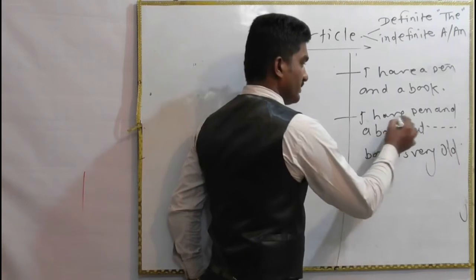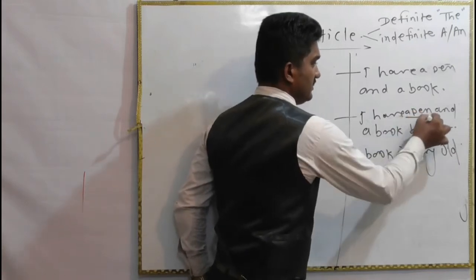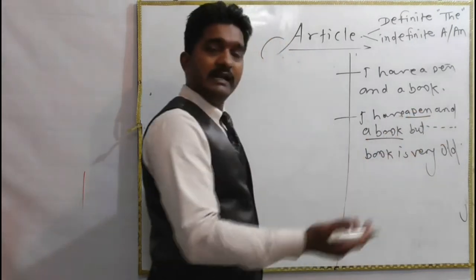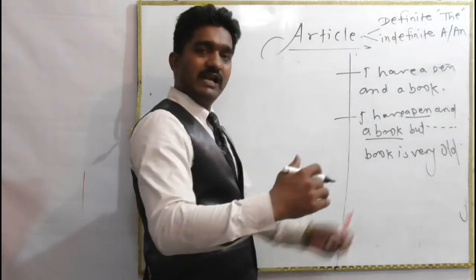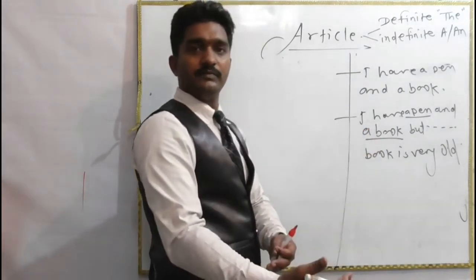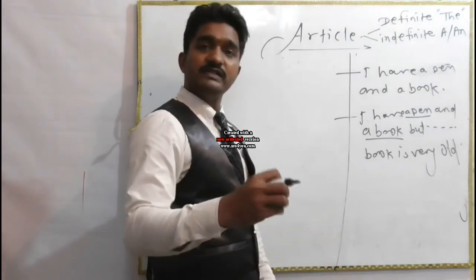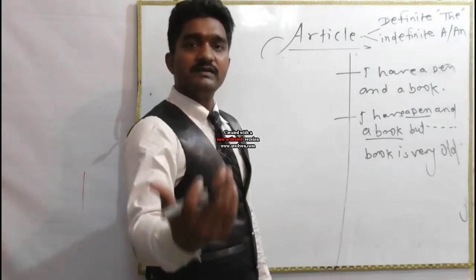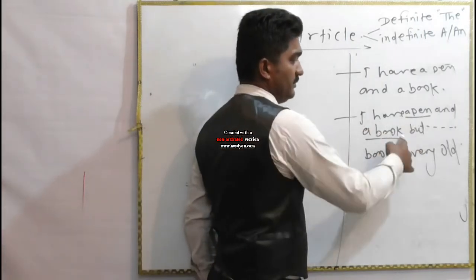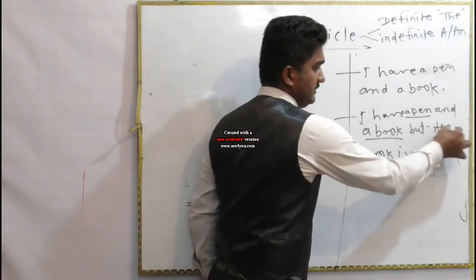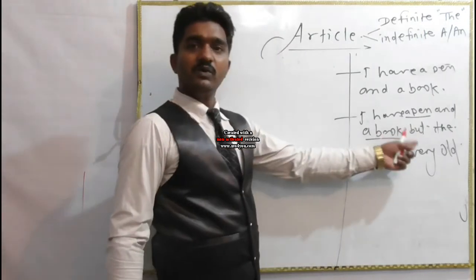So if we have used a or an article before some noun, and if that word is coming again, then why are we using the again? To make that special. So we will use the. So I have a pen and a book, but the book is very old.